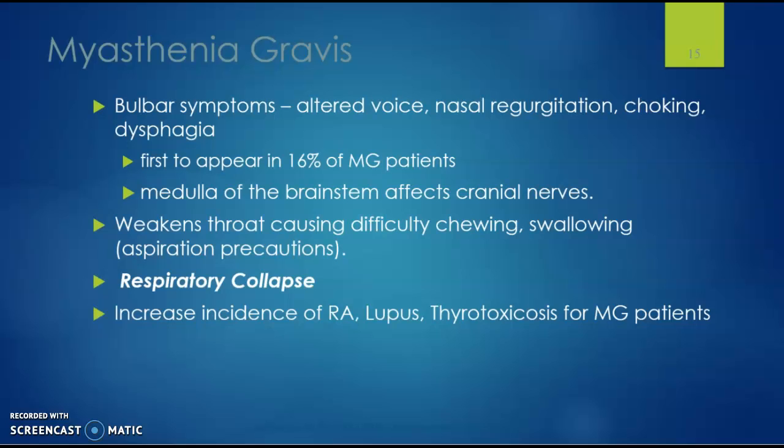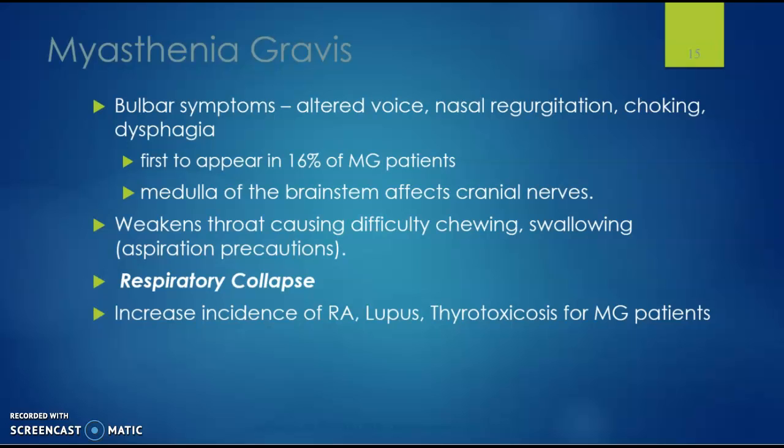The second type of symptom is bulbar symptoms, and these are ones that affect pretty much the throat area. And so patients may have an altered voice, a change in their voice. They may have nasal regurgitation.